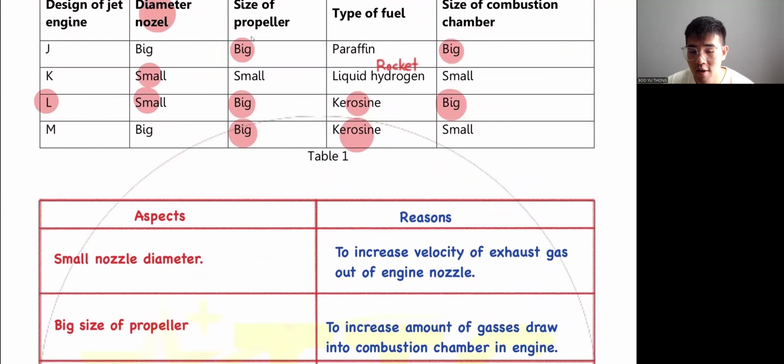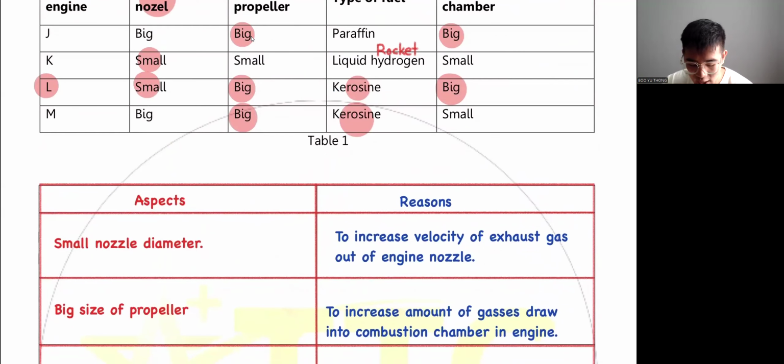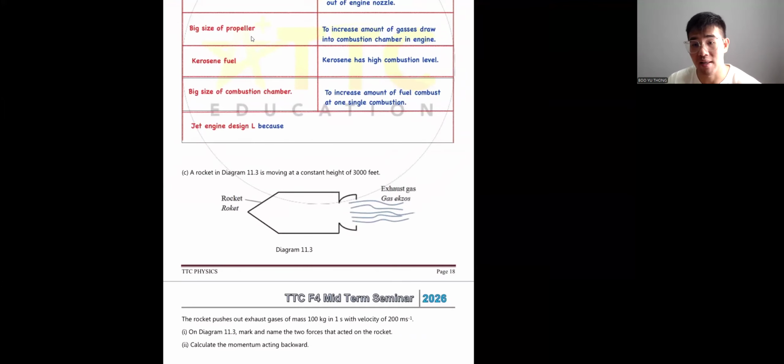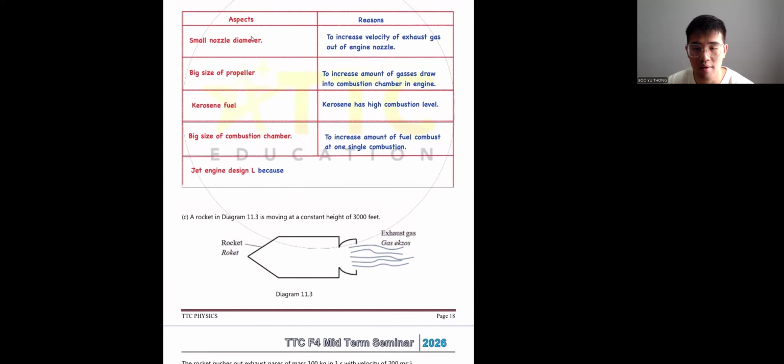Now, for the last mark: until here, I got 9 marks after I picked the jet engine design L. The last mark comes from something very tedious. You have to do a lot of things, but the task is actually very simple.